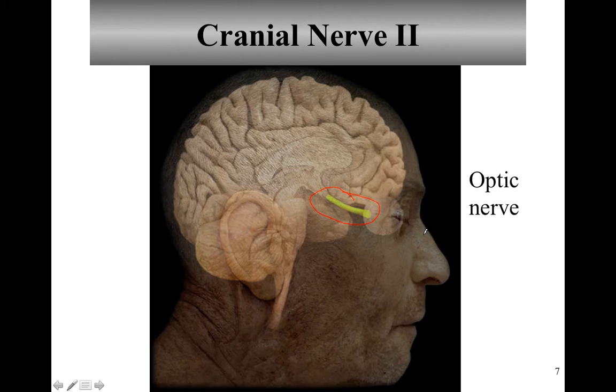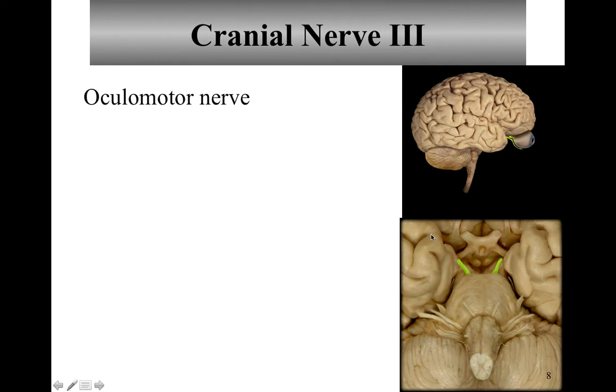Cranial nerve 3 is the oculomotor nerve. So think of what oculo sounds like: oculo sounds like eye, motor, moving. It's primarily a motor nerve. And this sends motor impulses to muscles that raise the eyelids, move the eyes, focus the lenses, and adjust light entering the eye.